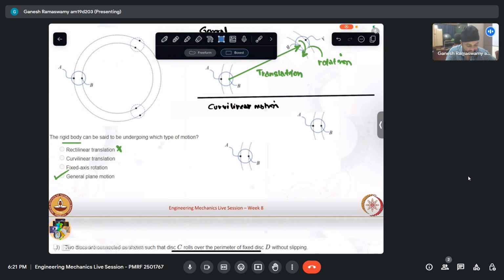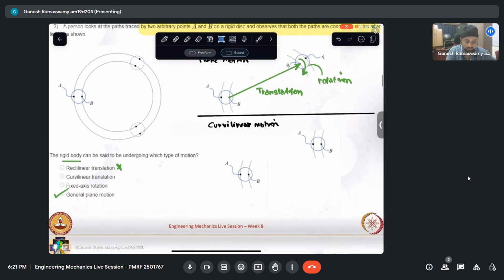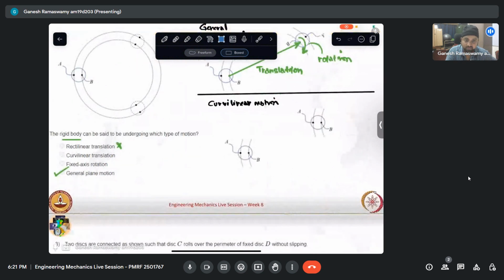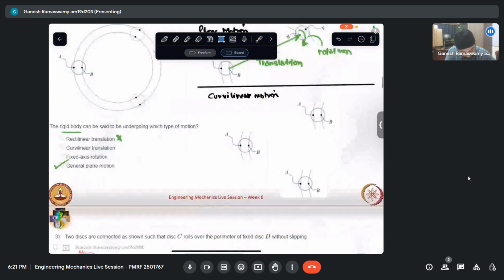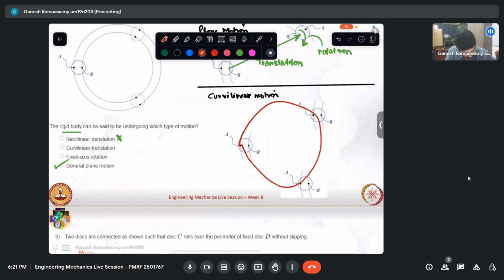This is the displacement, but it is essentially having a translation like that. So that will be the final path. After some time, it would have come here. So now, if I were to join all the points, all the point A, where all does it fall?